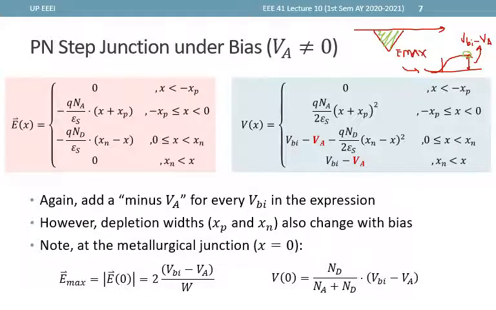So if we get the area of the triangle, we'll have 1/2 base times height, where the base is W. So let me write here 1/2 base times height is equal to the area of the triangle, which we have just mentioned to be VBI minus VA. And so we end up with the equation below. So this one actually came from this one.